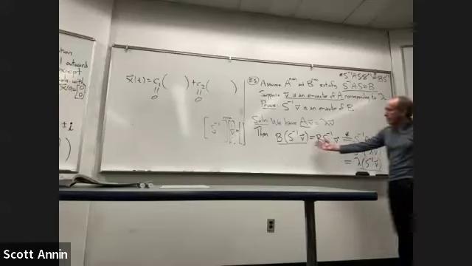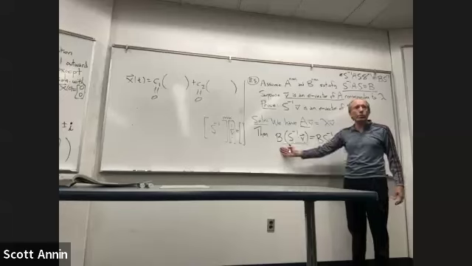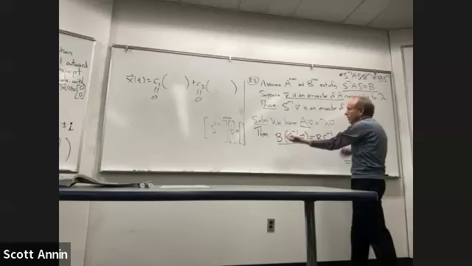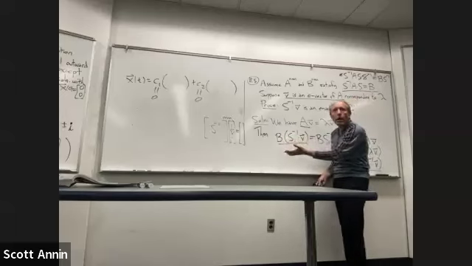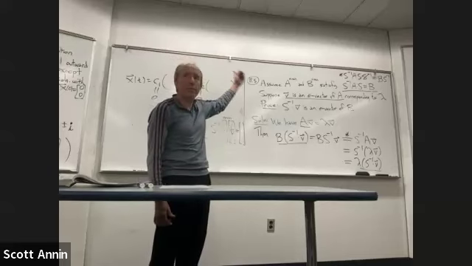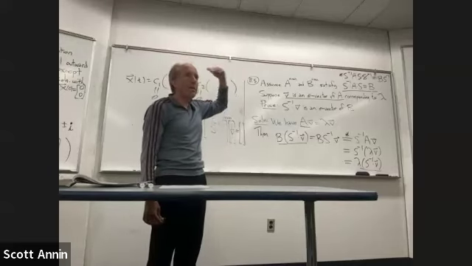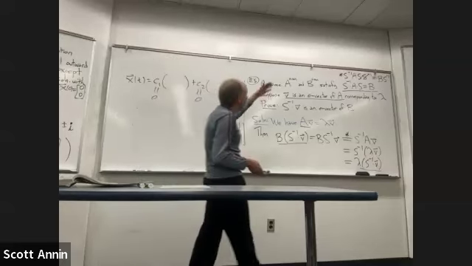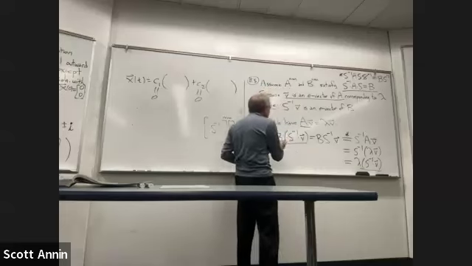I just look at this and I say, how am I gonna do anything with this? Like, what have I been told that allows me to work with this? The problem is abstract enough that I know it has to come from the given information. It can't be some computational thing. It has to be something from up here.